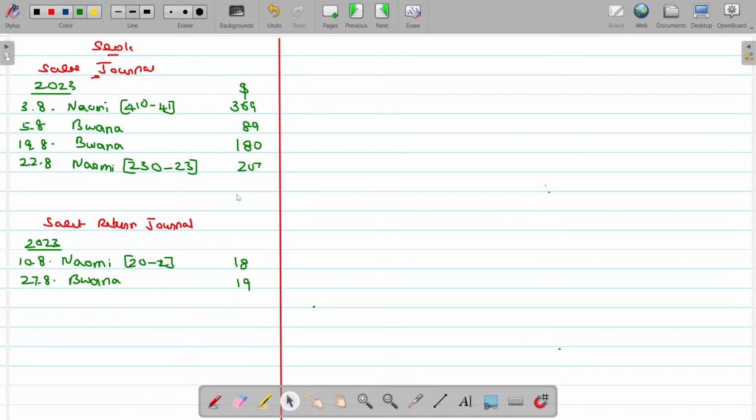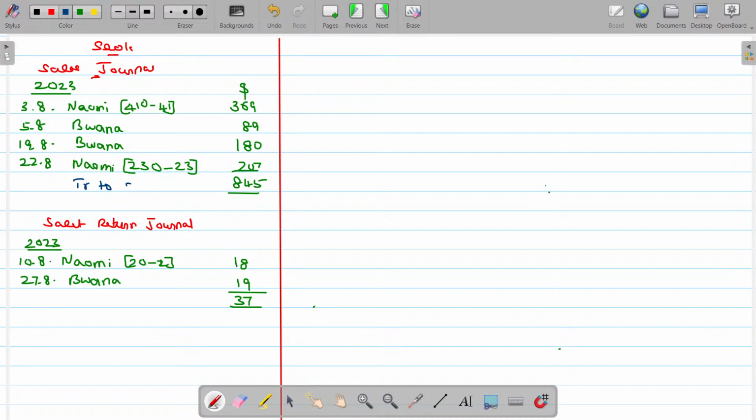Now, what happens to the total here? This total being 845 and this total being 37. This total is transferable to which side?